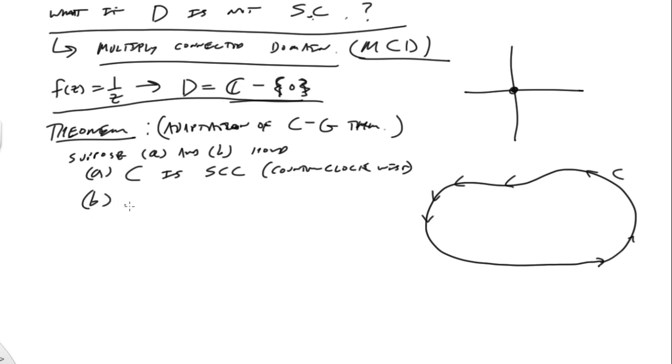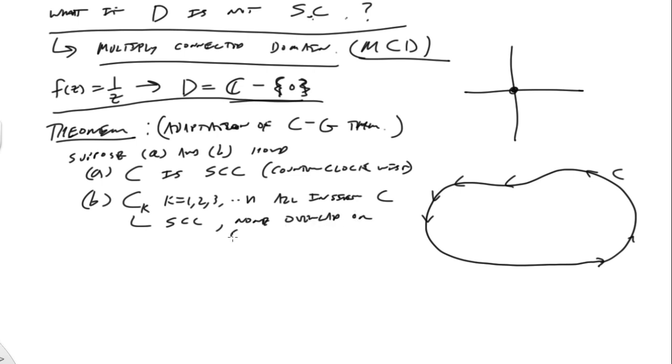Now I'm going to say that there are a series of contours. We'll call them C_k, for k equal to 1, 2, 3, all the way up to some finite number, n. They are all inside C. These are also simple closed contours, and none overlap or contain each other. And they are clockwise oriented.